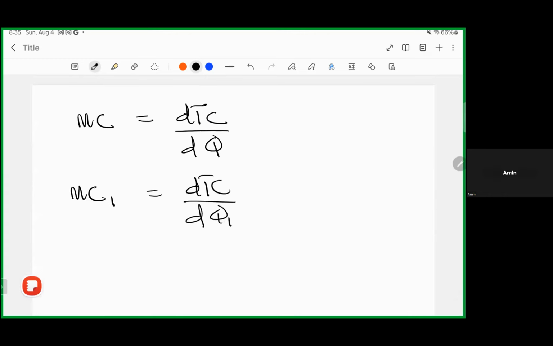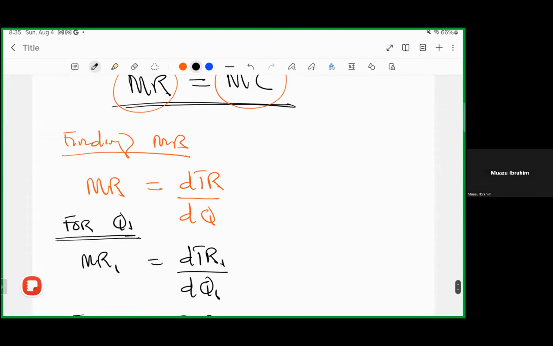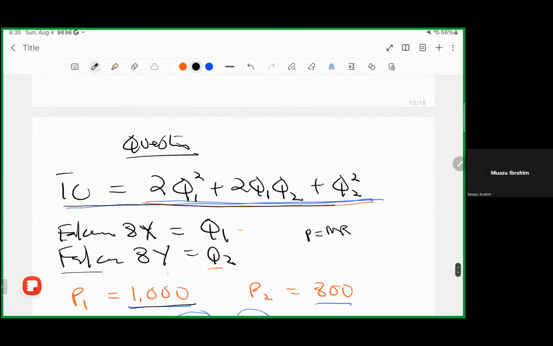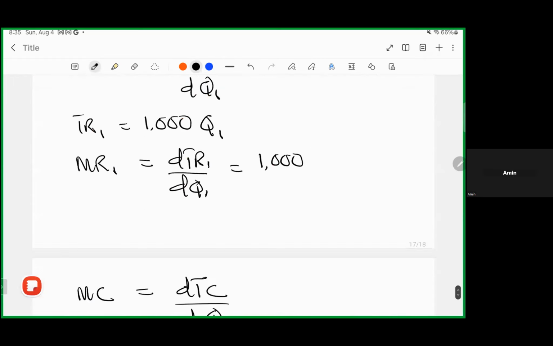Here too, we can bring the Q1, even though we don't have different total cost functions. When you go to the question, they gave the total cost function as this one. Let me just write it here.